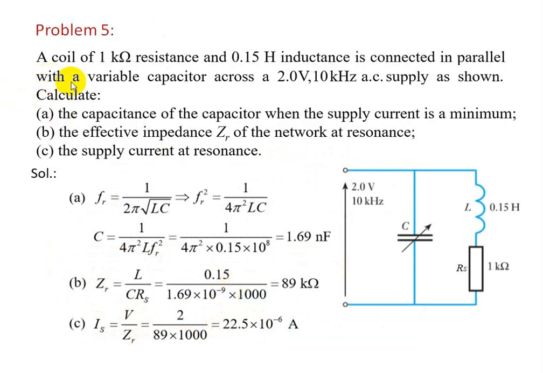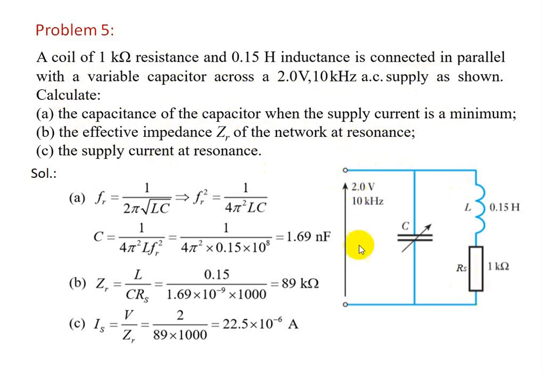Next problem. A coil of 1 kilo ohm resistance and 0.15 Henry inductance is connected in parallel with a capacitor across a 2 volts, 10 kilohertz AC supply as shown in the figure. Calculate the capacitance of the capacitor when the supply current is minimum, the effective impedance ZR of the network at resonance, and the supply current at resonance.